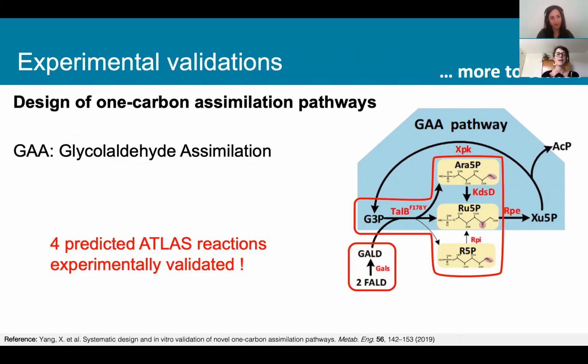For example, there was a paper that came out 1.5 years ago, where people used ATLAS reactions, so BNICE-predicted reactions, to design novel 1-carbon assimilation pathways. And in this paper, they could experimentally validate four predicted ATLAS reactions.